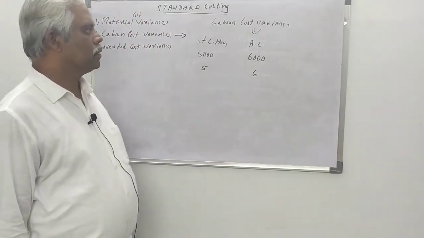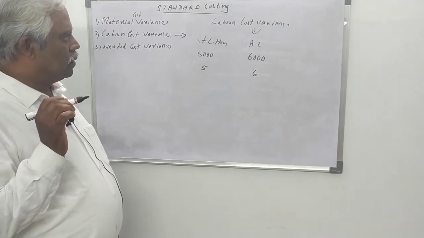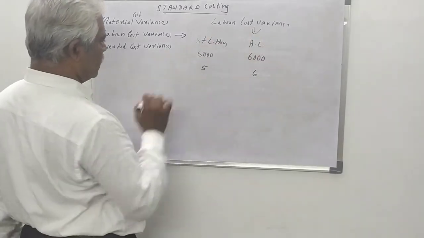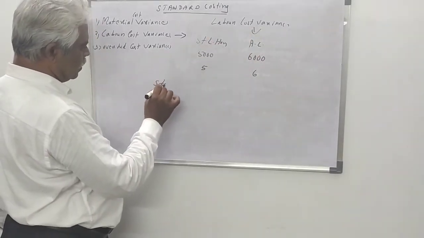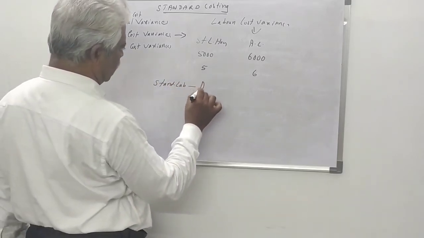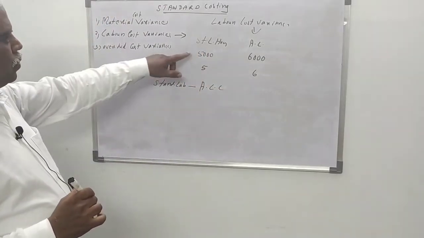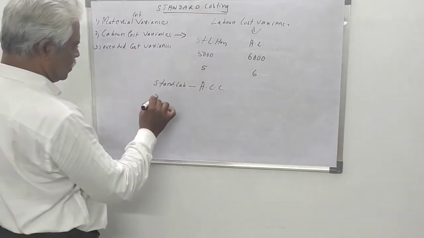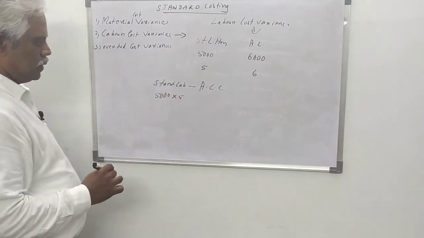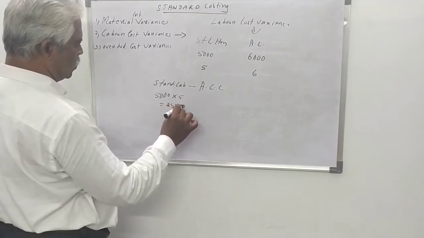How can we find out labor cost variance? There is a formula for labor cost variance, that is standard labor cost minus actual labor cost. Standard labor hours 5,000, standard rate 5, that is equal to 25,000, that is the standard labor cost.